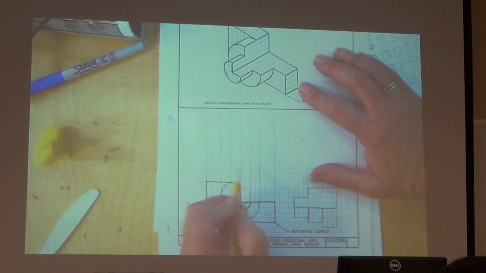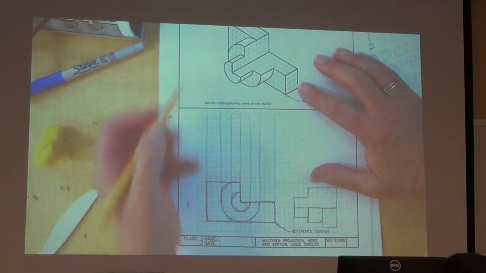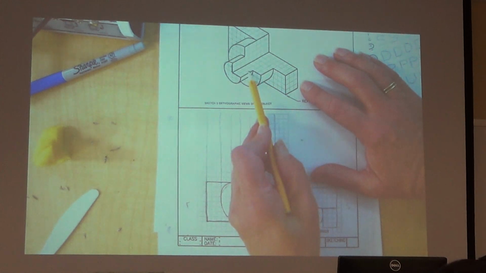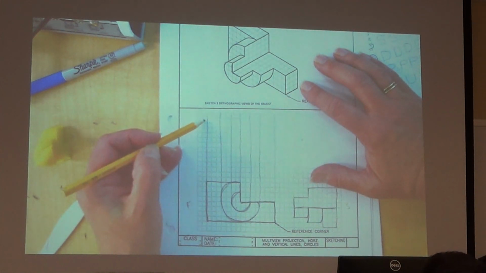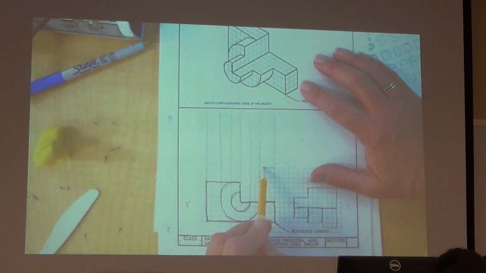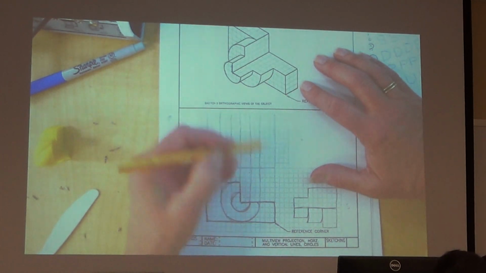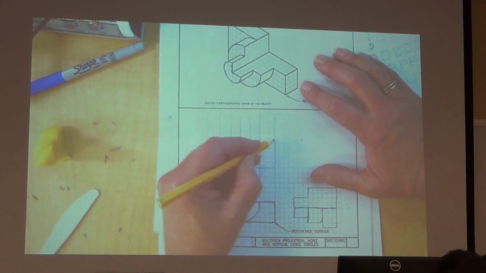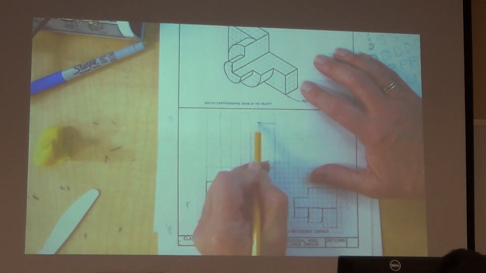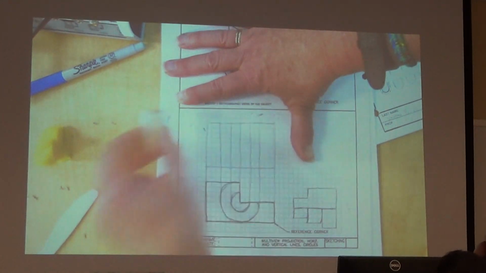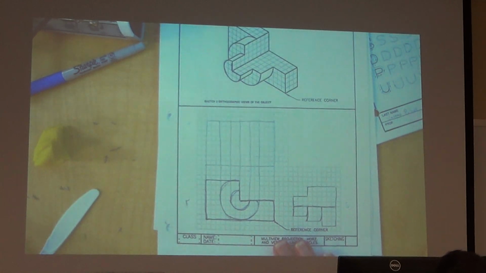So let's see, let me see, 1, 2, 3, 4, 5, 6, 7, 8, 9. Start 3 from the bottom, then you'll do 2 from the top. Great. Okay, so I'm going to put 3, 9. 1, 2, 3. Great, perfect. Okay, so this right here, again, I would do it really light, but I think you can see my lines, but it would be really light if I was doing it on my own.